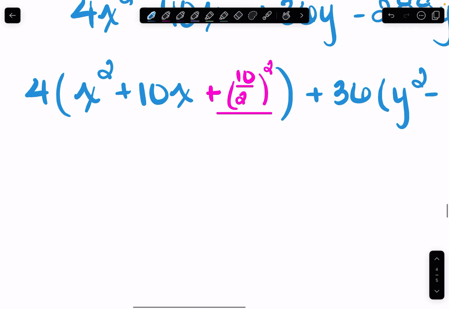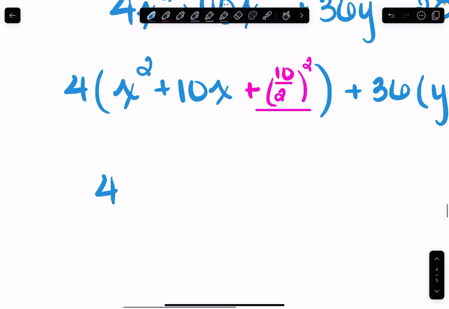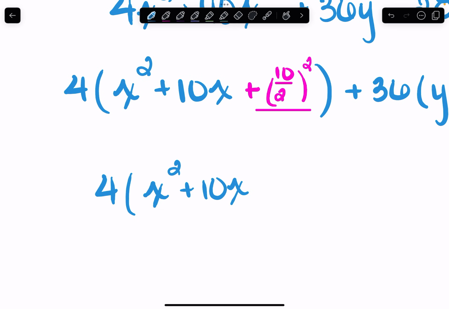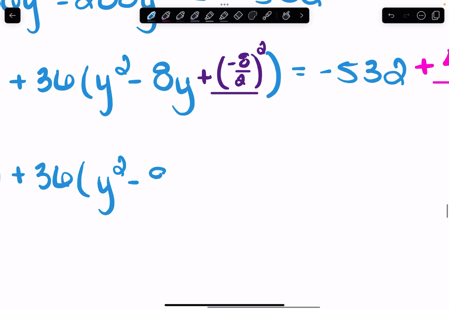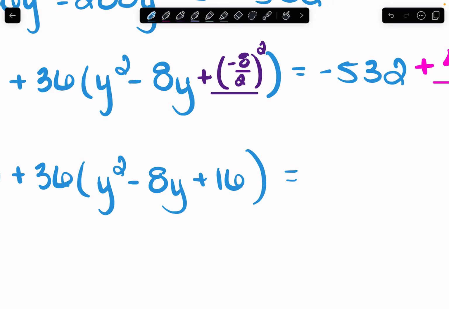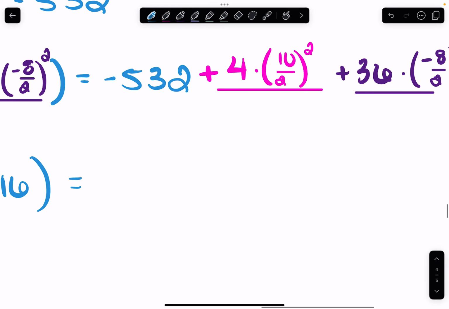All right, so for the x term, we've got our 4. I'm going to just go ahead and do the math here. 10 over 2 is 5, squared, 25. For the y's, 36 y squared minus 8 y, and then we've got negative 8 divided by 2, negative 4, quantity squared, 16. And then on the other side, we want to get our math finished.